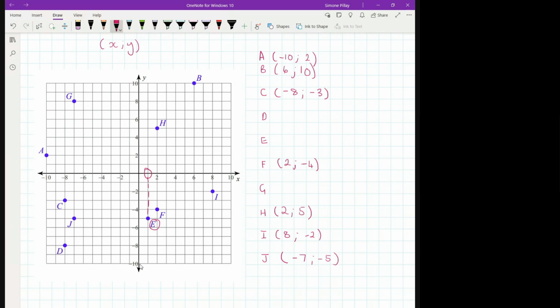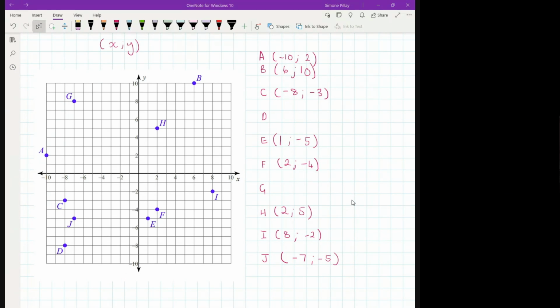Wait, is it -1 or 1? 1, ma'am. 1. Beautiful. And then our y value is going to be negative 5. Yes, negative 5. And what am I missing to finish up this coordinate pair? The brackets and the semicolon, ma'am. Brackets and a semicolon. Thank you very much, Emithle. And I see you chose E. That was your initial.